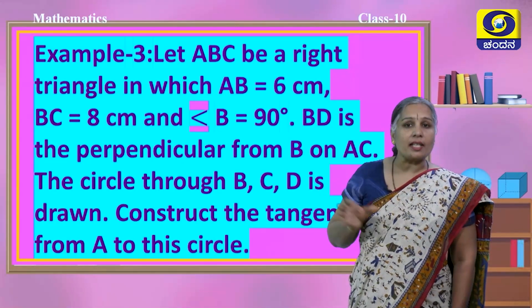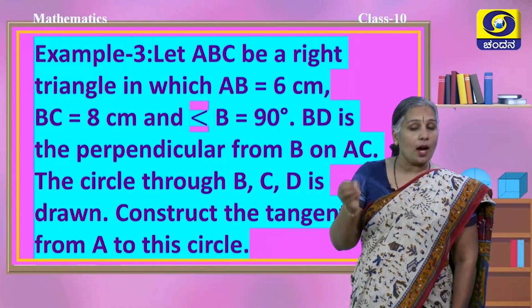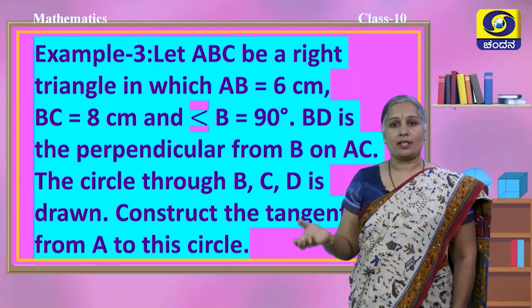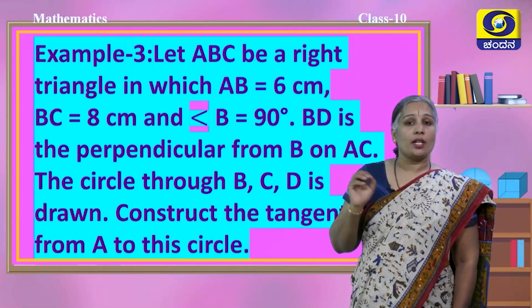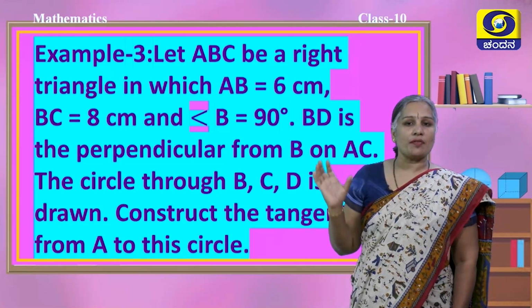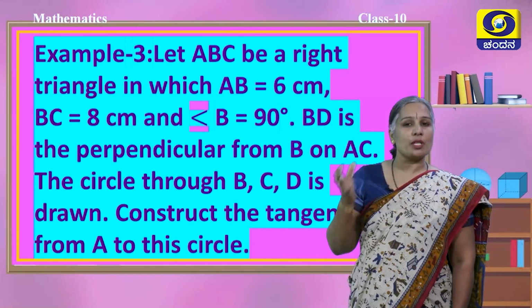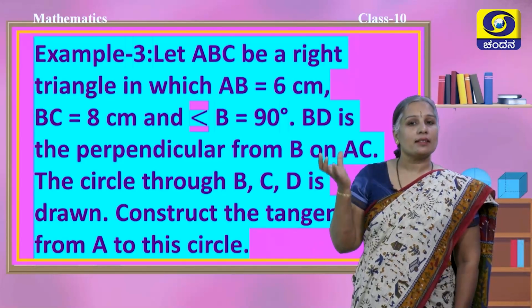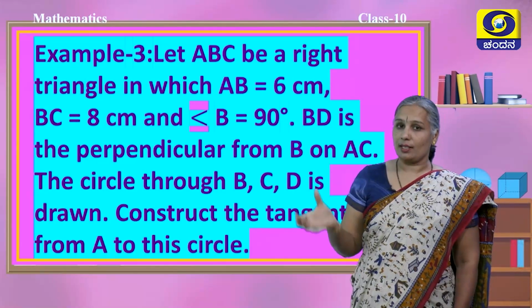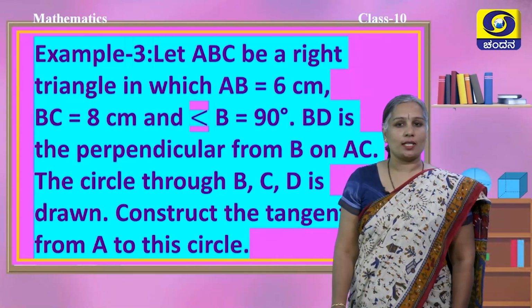After constructing this circle, we have to create the tangents. Creating tangents is quite simple because we have done a lot of constructions of tangents. So using that knowledge, here we are creating tangents to the circle. Let us see how to do this.